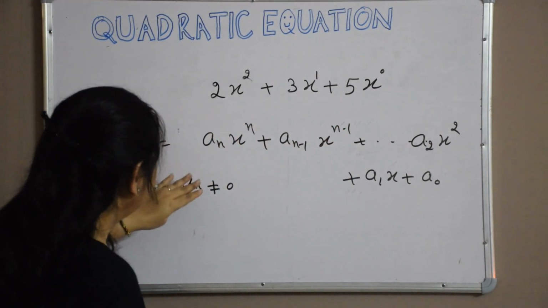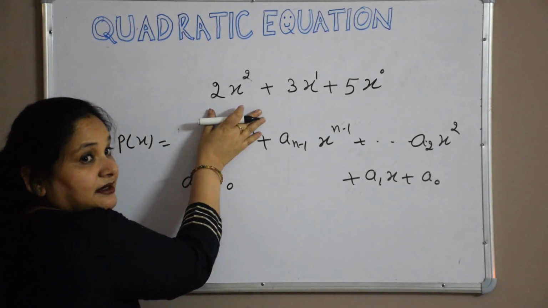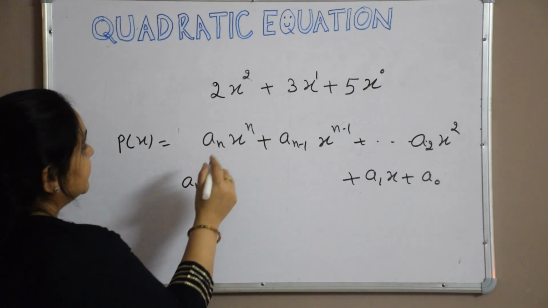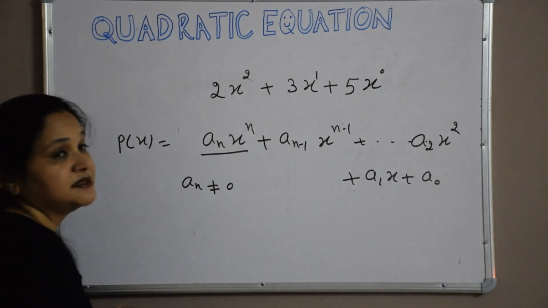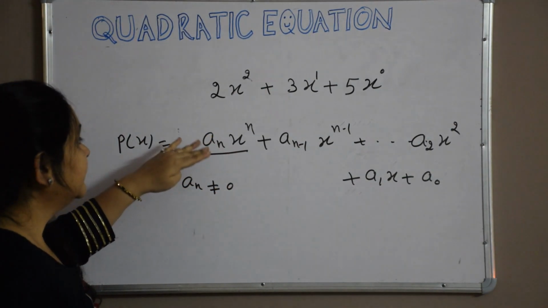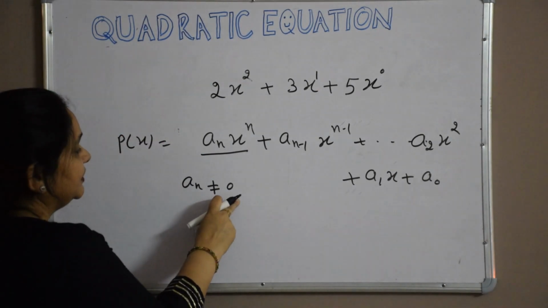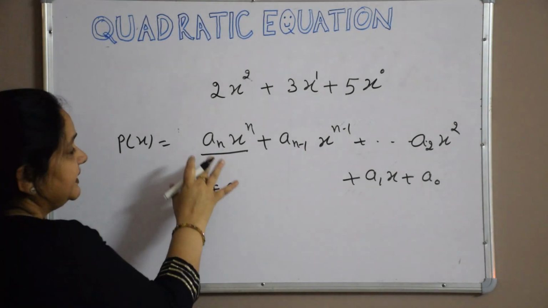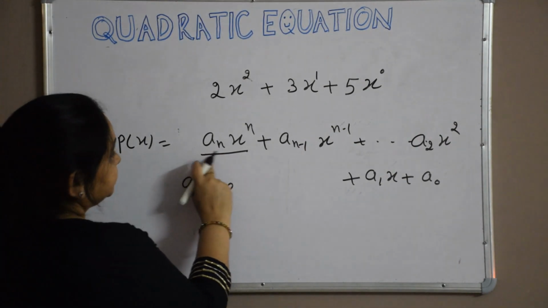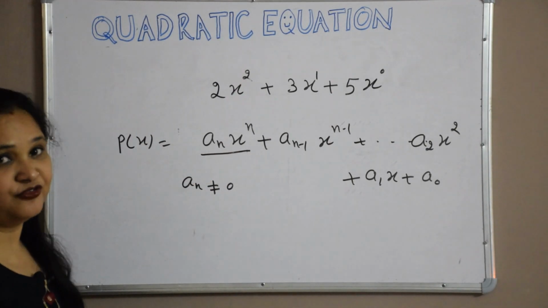The term with the highest power is the leading term. The coefficient of the leading term should never be equal to 0. It should have some value, and the coefficient of the leading term is called the leading coefficient.